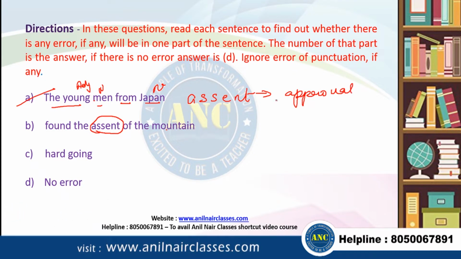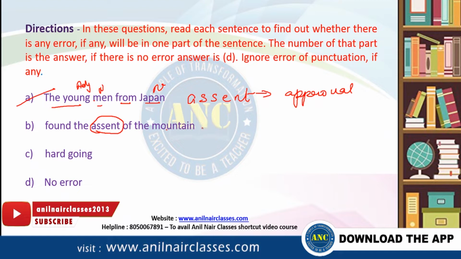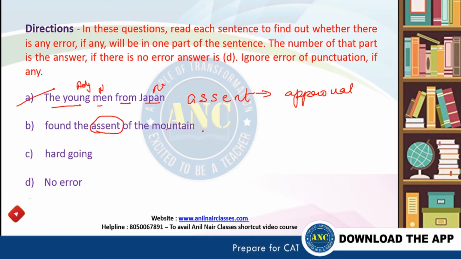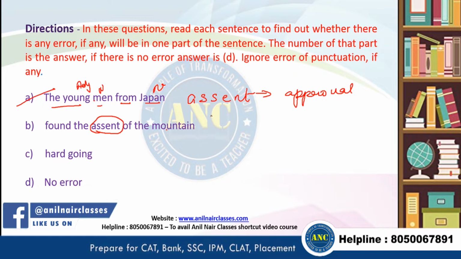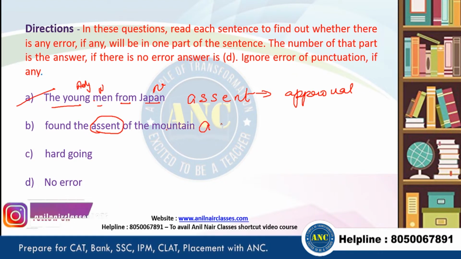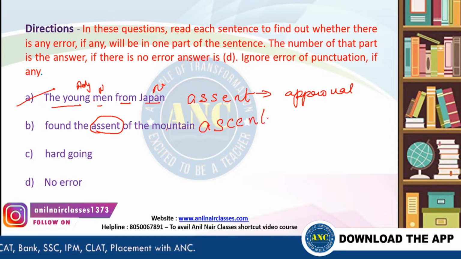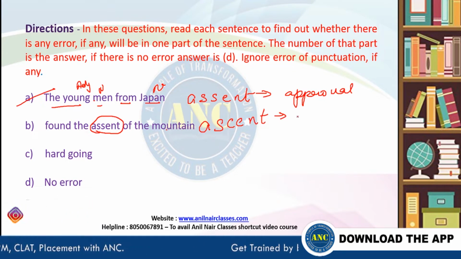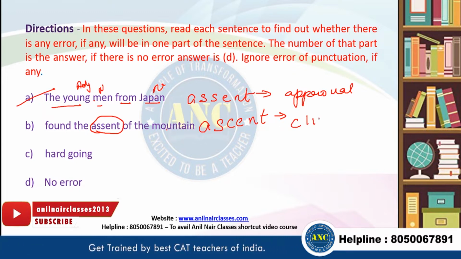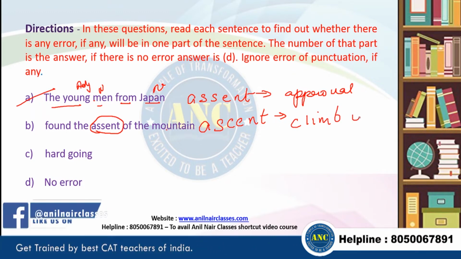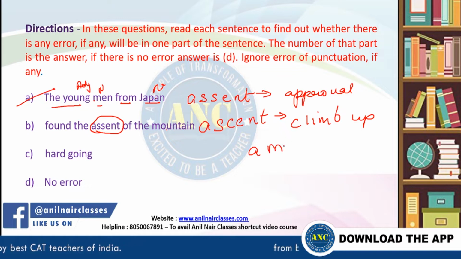Do you need the approval of the mountain, or going up the hill, towards the height or the peak of the mountain was hard going? So there are two similar sounding words over here. ASCENT is reaching, means to climb up the mountain. That means the process of climbing up a mountain.